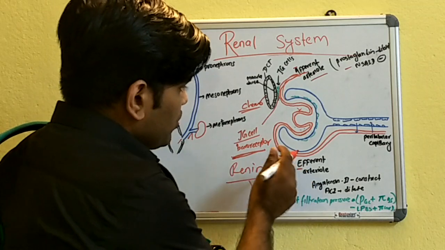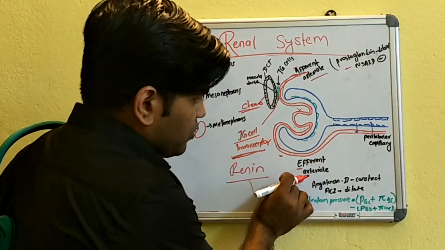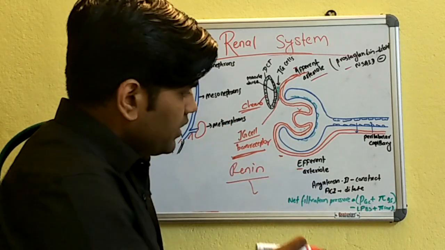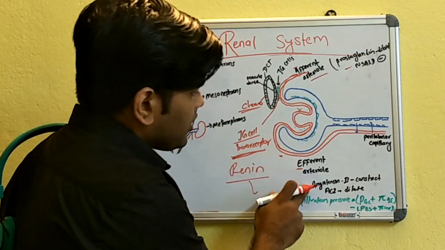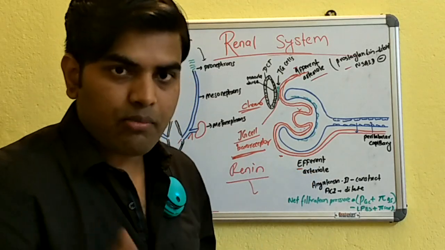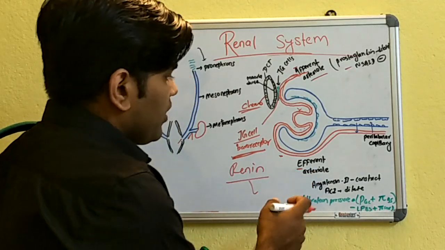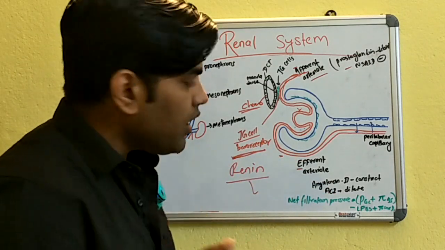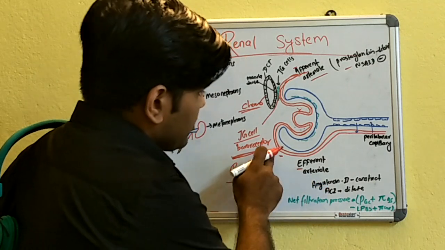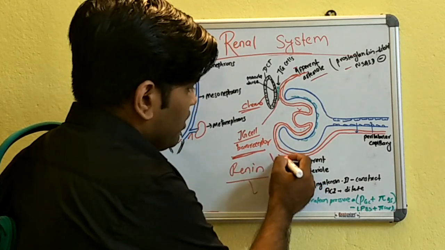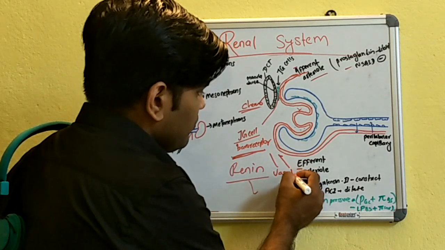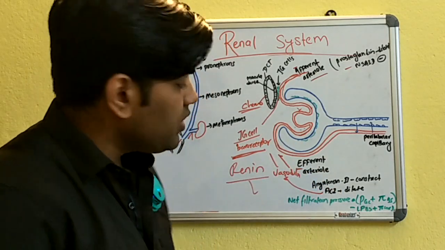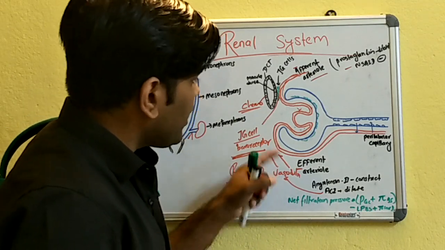So you should remember this, and we will discuss the physiology later. The efferent arteriole is usually constricted by angiotensin 2, but whenever we give an ACE inhibitor, an angiotensin converting enzyme inhibitor, it prevents this constriction and causes dilation, a vasodilation. If there is vasodilation, what happens?